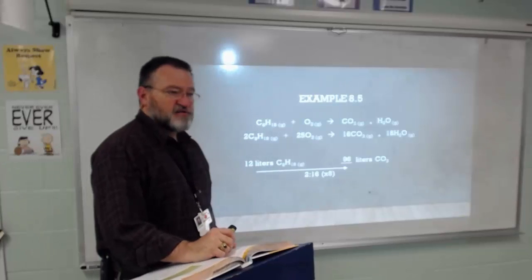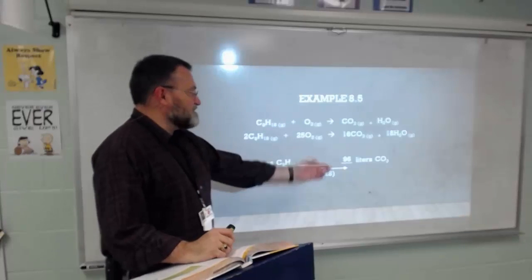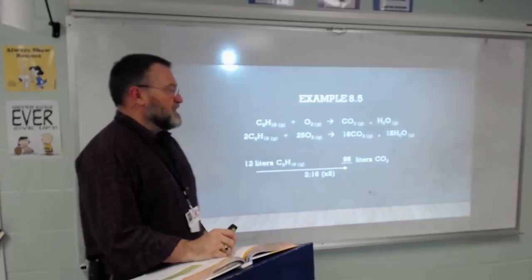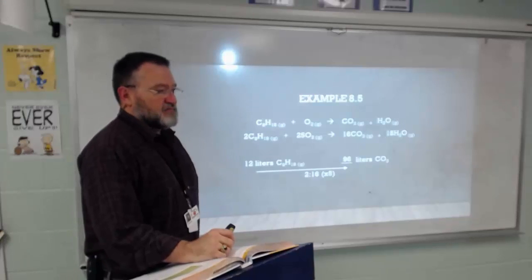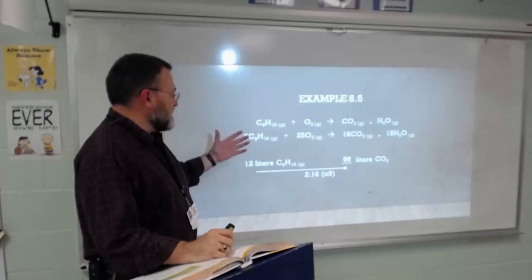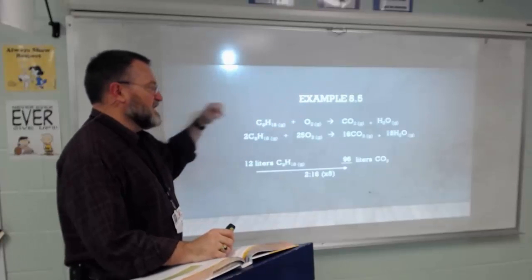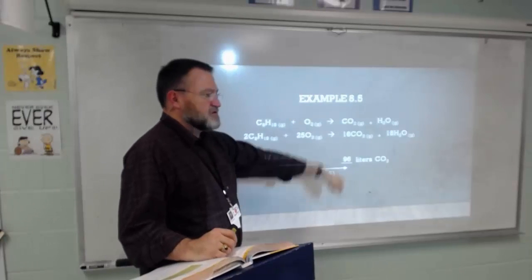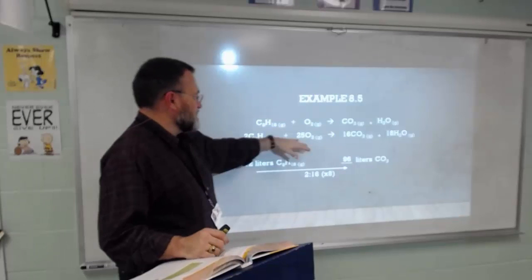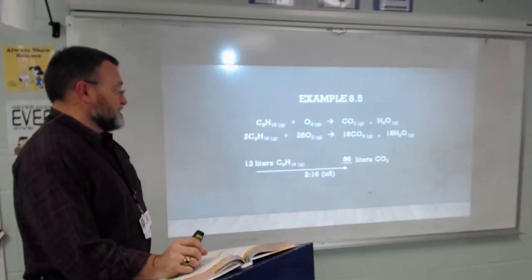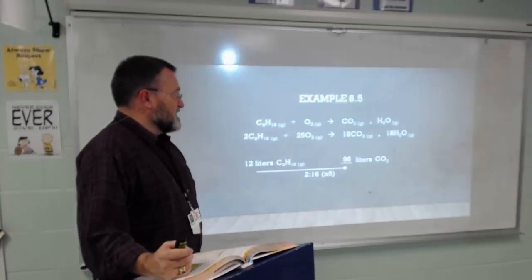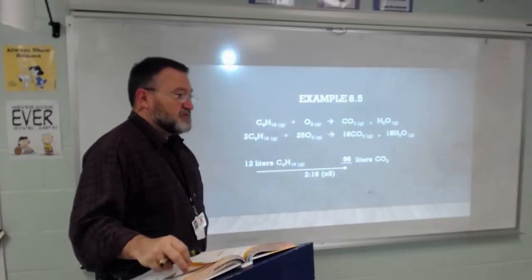That's 96. 96 liters of carbon dioxide are produced in this reaction equation when we use 12 liters of octane. With plenty of oxygen, there's excess oxygen, it will produce the full reaction equation in those ratios, 2 to 25 produces 16 to 18. So 12 liters produces 96 liters of CO2.